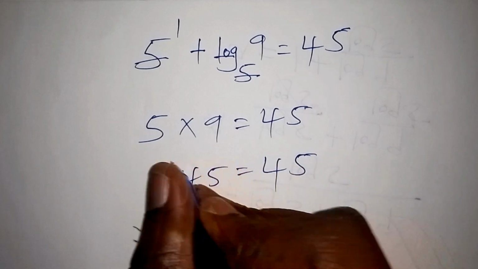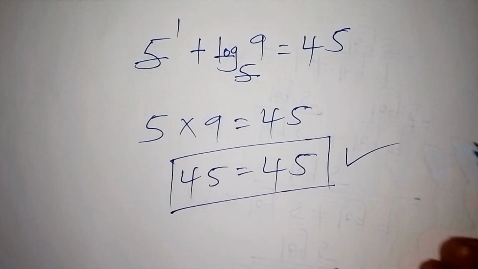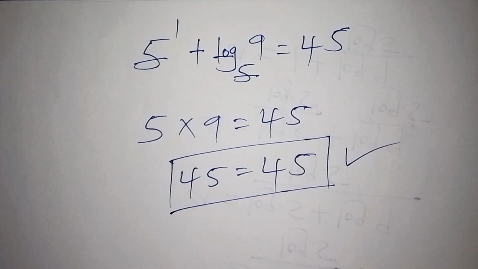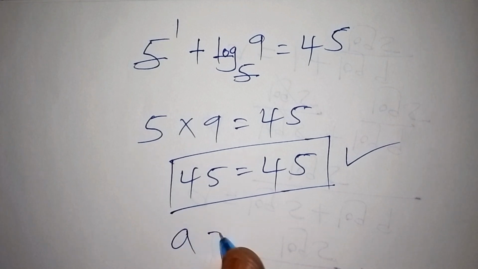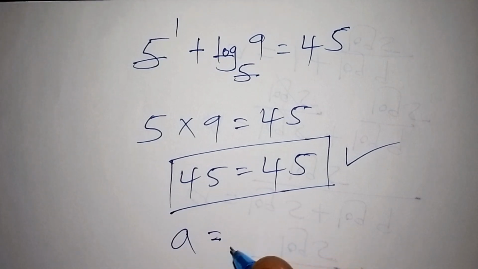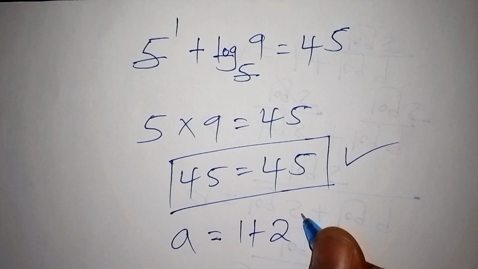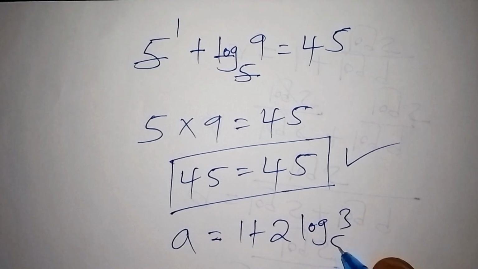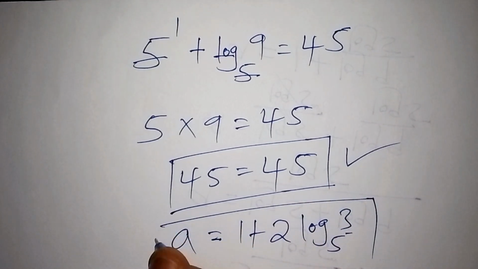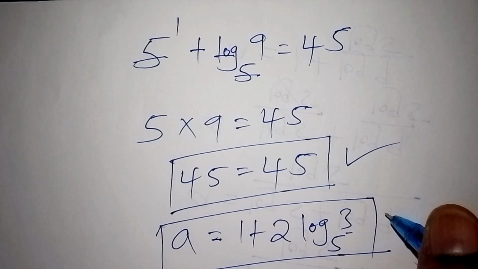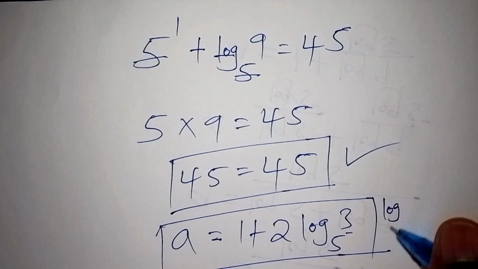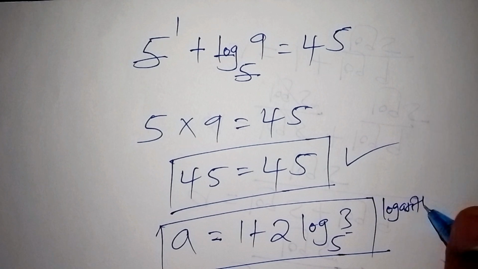That means when calculating our maths problem, we are right when we conclude that the value of a is 1 plus 2 the log of 3 to the base of 5. This carries the correct answer in terms of logarithms. So this is the correct answer.